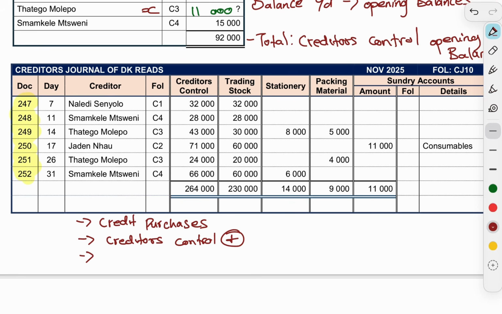The source document that we are given as a business when we buy from the creditors is the original credit invoice. Remember, we are the debtors in this case. We are the customers. So the customer always gets the original invoice or the original source document.